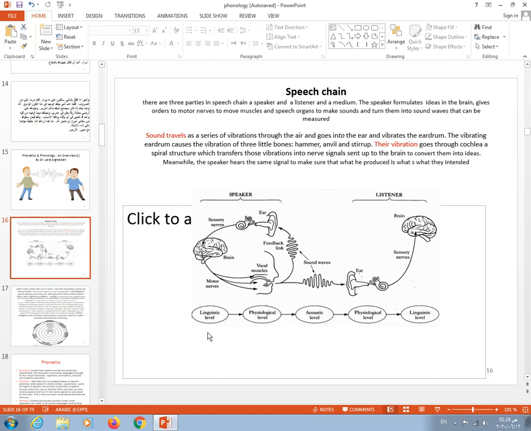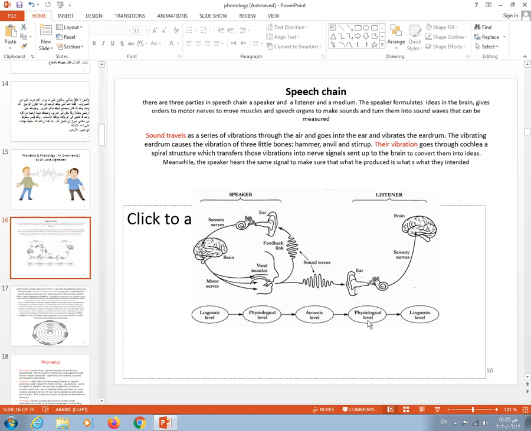So let's look at the bottom of the figure. The speech chain starts at a linguistic level, and then the physiological level, as you see, when organs of speech work, and then the acoustic level when sounds turn into sound waves traveling in the air.